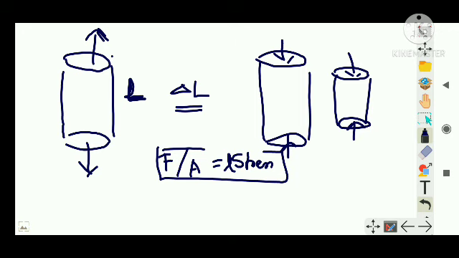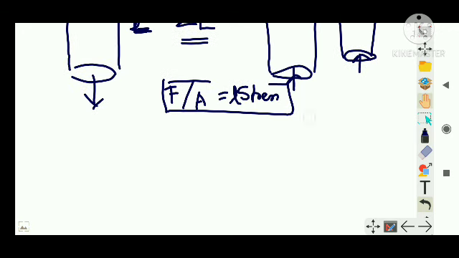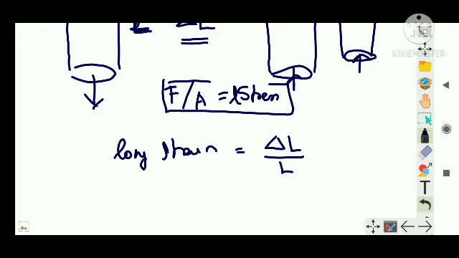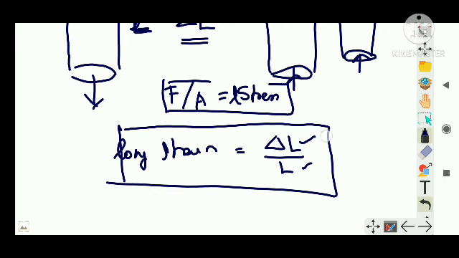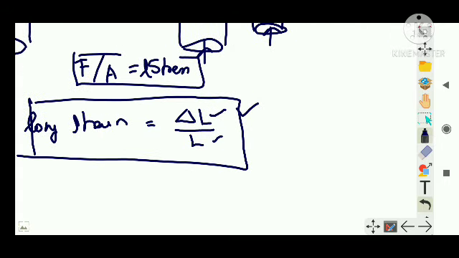Someone asks you what is longitudinal strain. This one is very important. Longitudinal strain or tensile strain is equal to change in length by original length. How much change has occurred when compared to its initial length, that is called longitudinal strain. Stress means the amount of force applied per unit area.